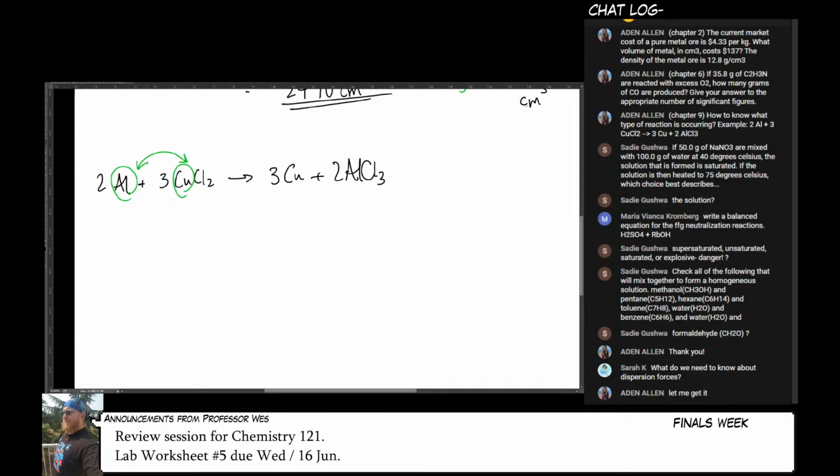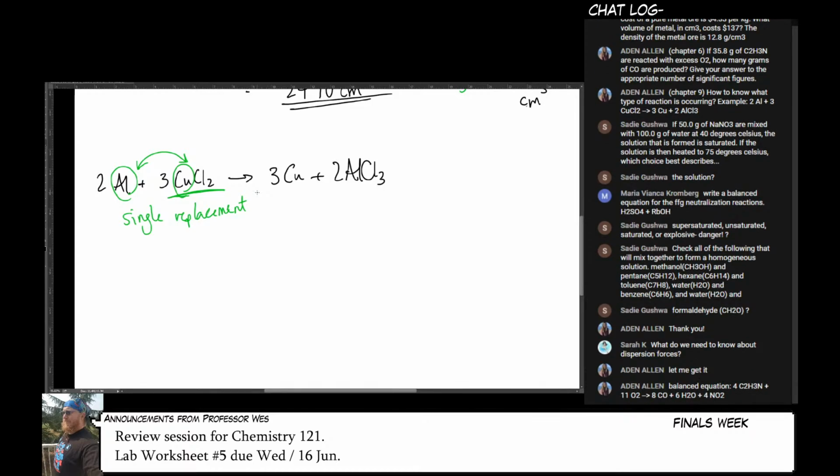Only one of them is a compound, so this is a single replacement. A single replacement means that you are replacing one thing for another, and only one of those is a compound. If it was a double replacement, that would be something like this.